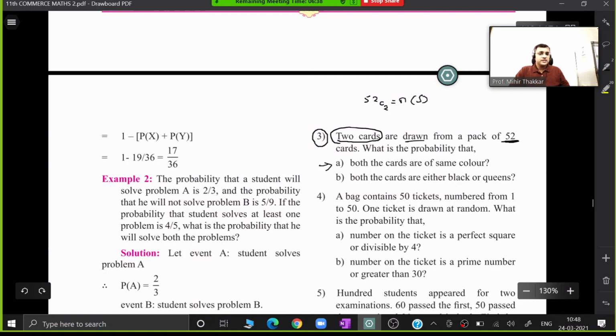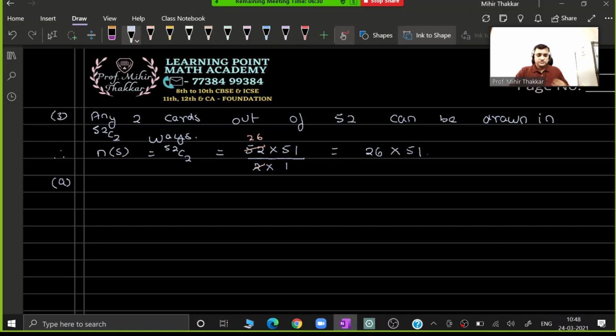A part says that both the cards are of same color. Now when I want both the cards are of same color, let me consider A denote the event, both cards are of same color.